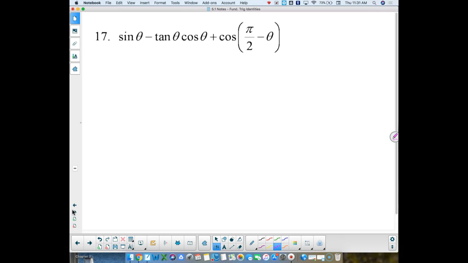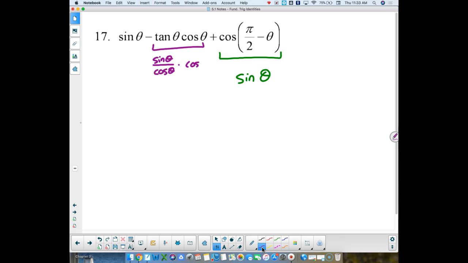Let's do it. Well, by let's do it, I mean you do it. Start with this one. What does that one become? Sine of theta. Okay, then we'll go to this one. Well, tangent is sine of theta over cosine of theta, right?